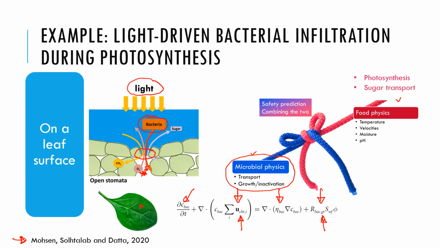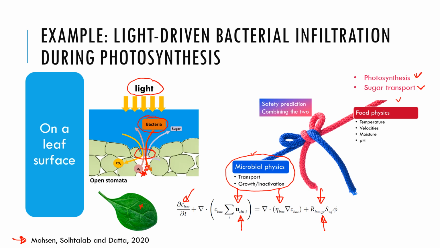So we really need to include the process physics. The process physics in this case is the photosynthesis process and the sugar transport. Photosynthesis in particular is a complex process, but it has been described mechanistically, and so has, of course, sugar transport.